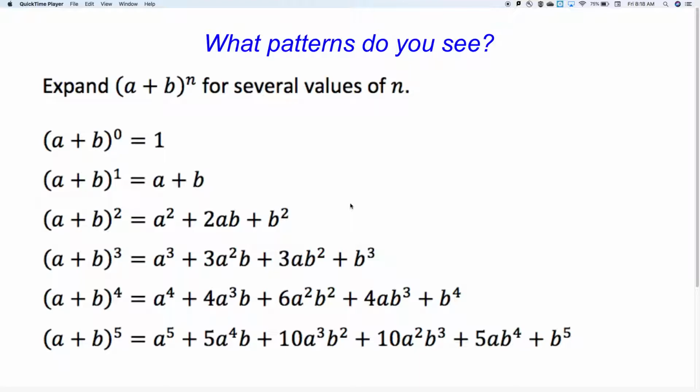So let's share some patterns. What kind of patterns did you notice? Alex? It's kind of Pascal's triangle. What do you mean?